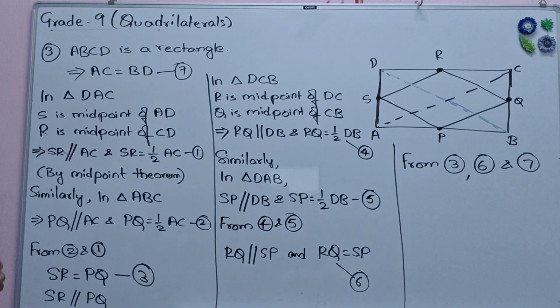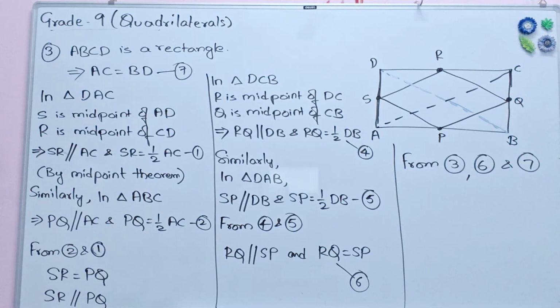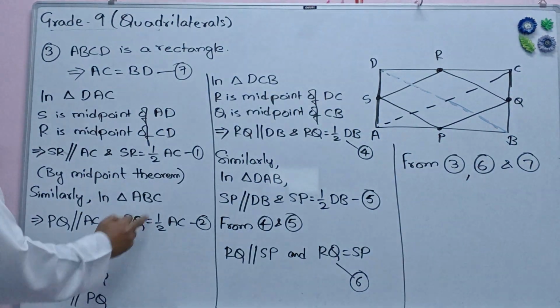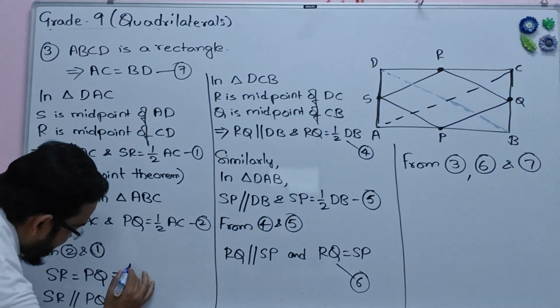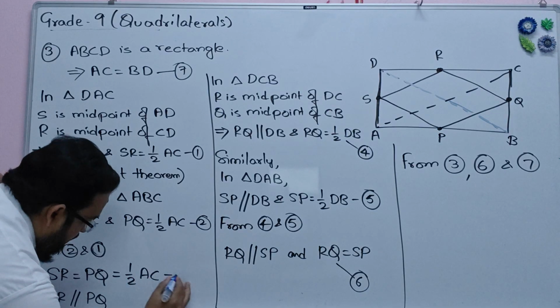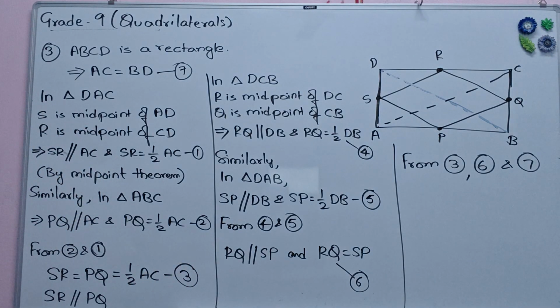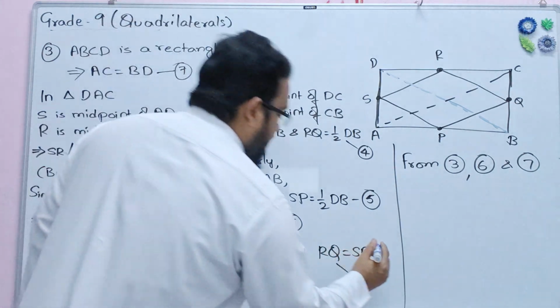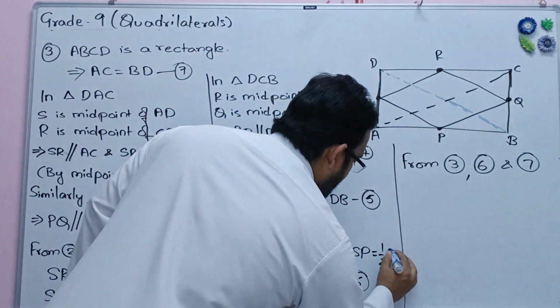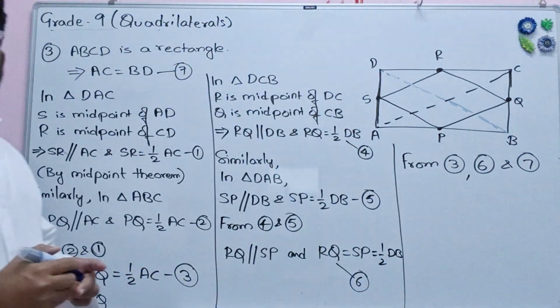I'll write a smaller step, one more thing, so that it will be easy to understand. So we got SR is equal to PQ is equal to half AC, right? In the same way, here also RQ is equal to SP is equal to half DB. Now it will be more clear to you.